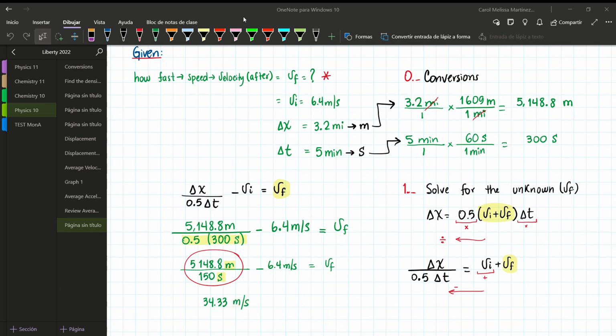Minus 6.4. And this in total gives me 27.93. This is equal to my final velocity.